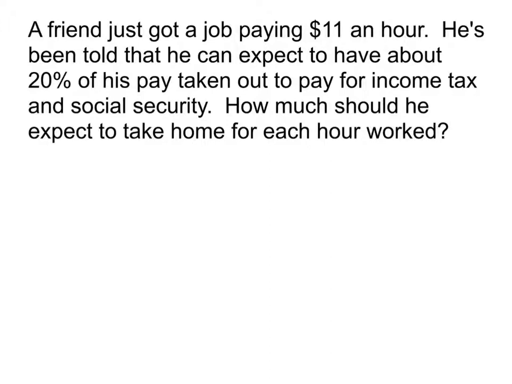All right, so if we're going to do this problem now, figure out how much are we really going to be bringing home. We're going to have to figure out what 20% of 11 is first. Okay, well, what's 10% of 11? 1.1. So if I want 20%, that means I got to do 1.1 times 2.